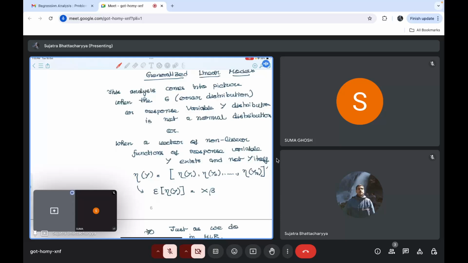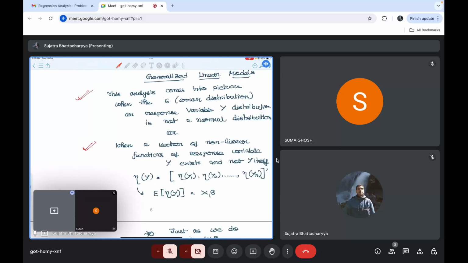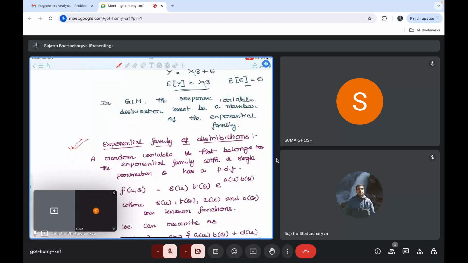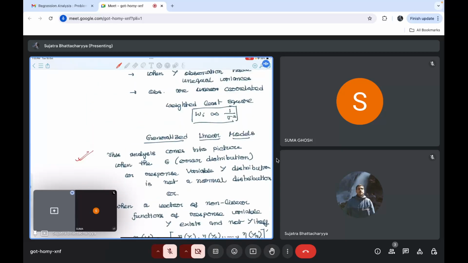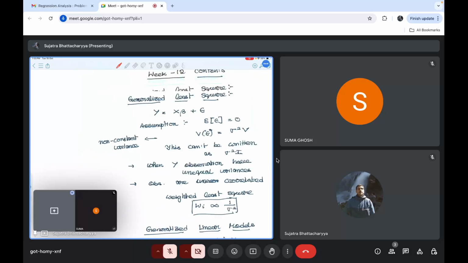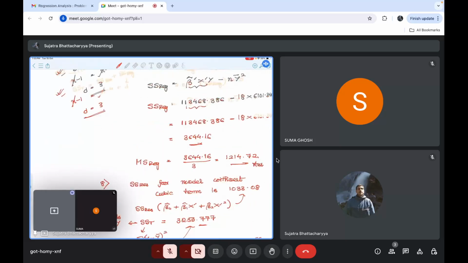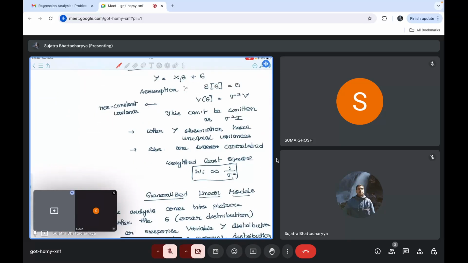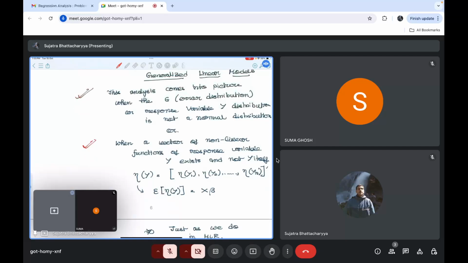These are a couple of important conditions. And we use this generalized linear model only when the error distribution is not from the normal distribution. That's all. And we have solved this assignment question. I think this will be enough to solve the questions for week 12.